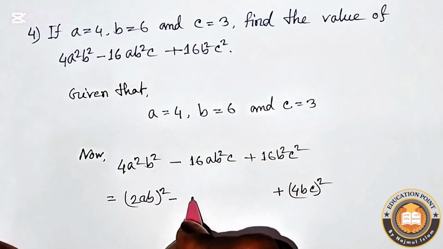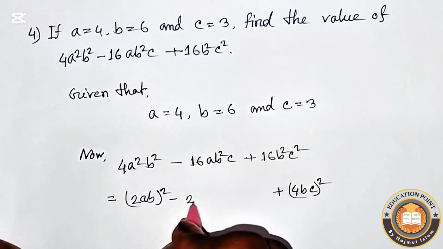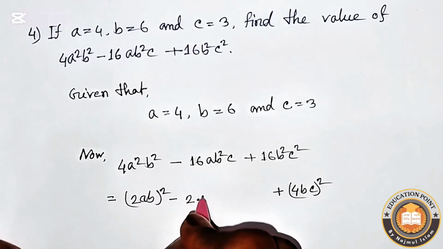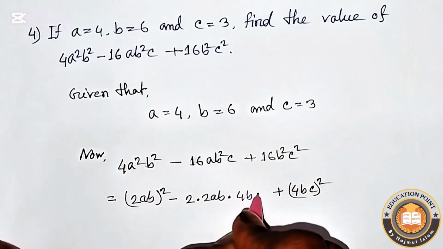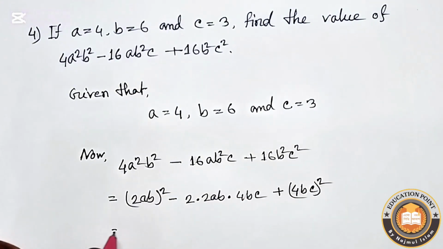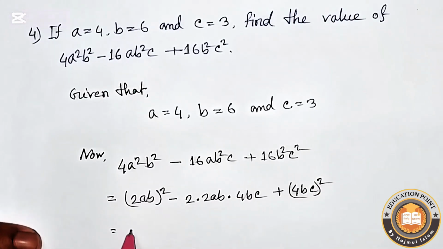Here we will try to apply the formula of (a minus b) whole square. That means a² minus 2ab plus b², which is (a minus b)².